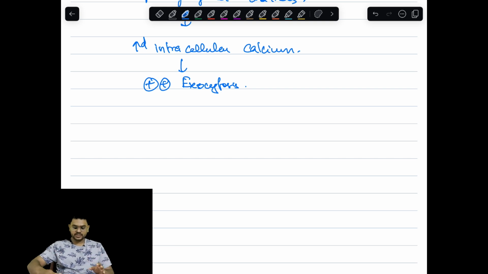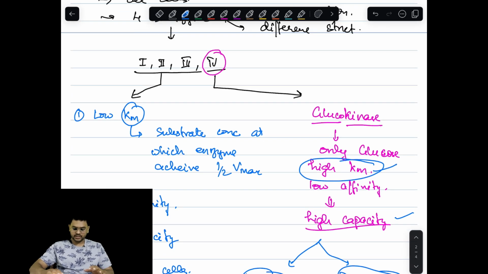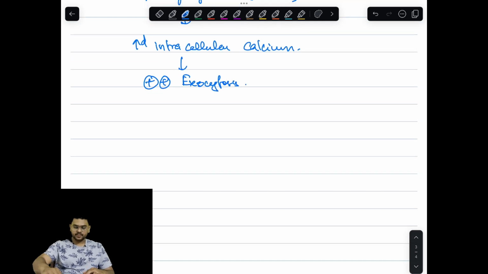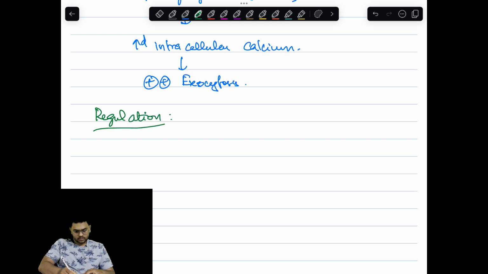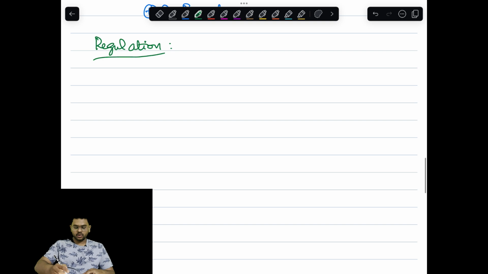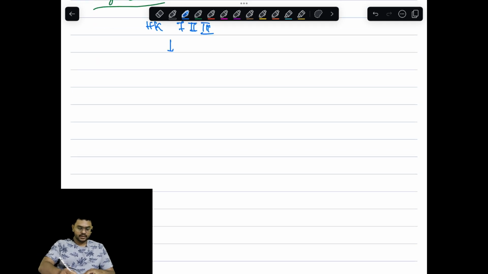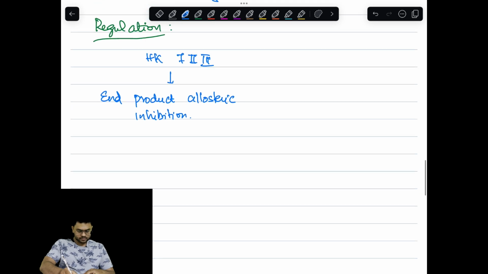So we have seen different scenarios of function and the kinetics of each of these glucokinase and hexokinase. Now let us see little bit about their regulation. So all the hexokinases, especially 1, 2, and 3, they have something called as end product allosteric inhibition.